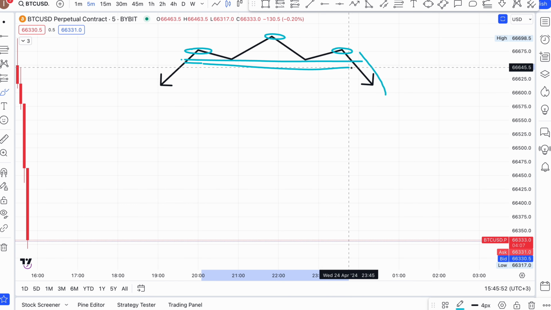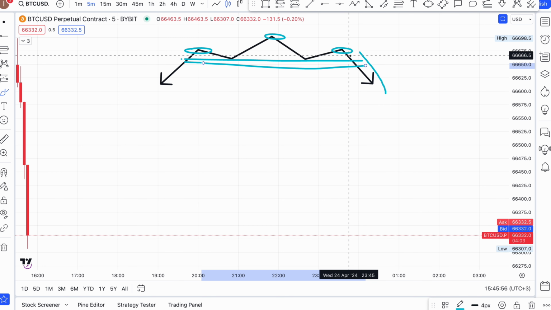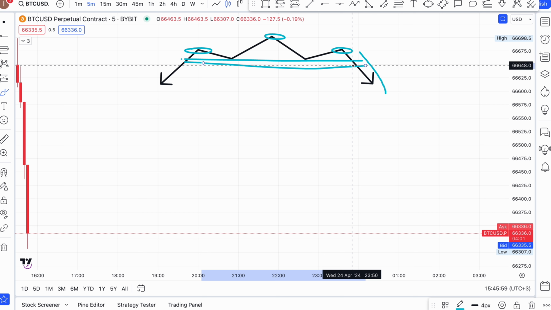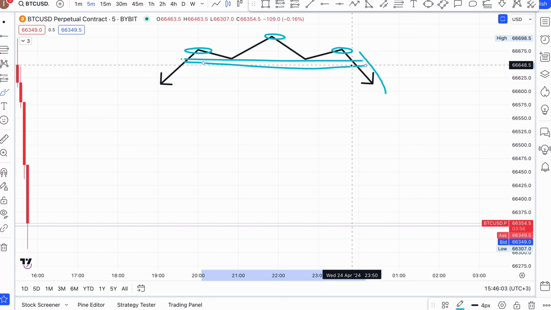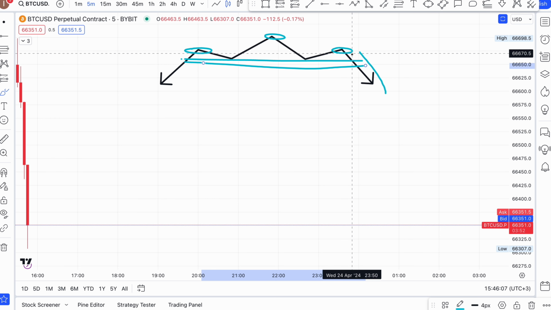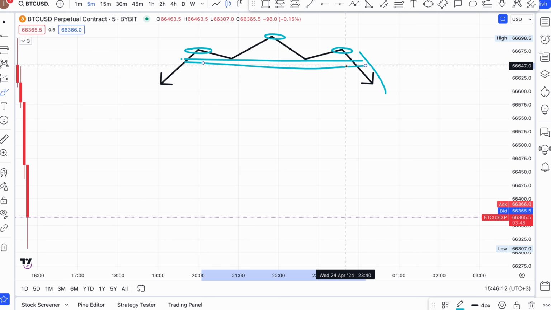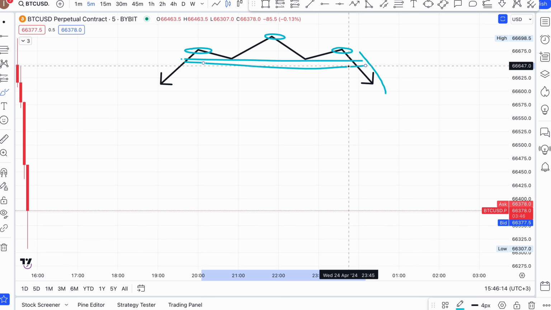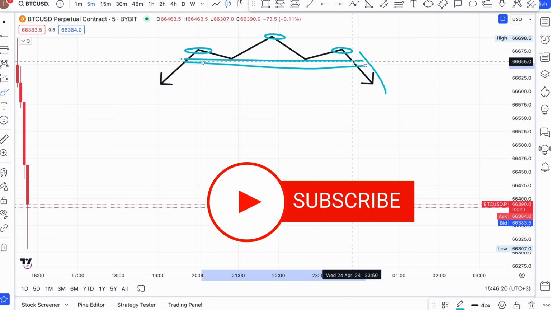Most of the time I advise traders to take a trade immediately there's a break and a candle close below the neckline, right? Immediately there's a downtrend coming down and a candle closes below this neckline, that's when we'll enter for a sell position. I hope you are getting these techniques.